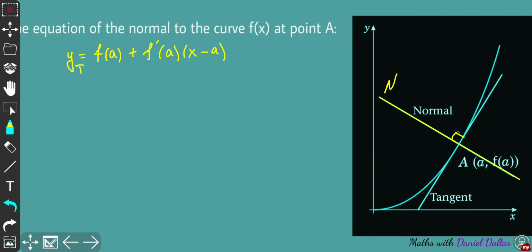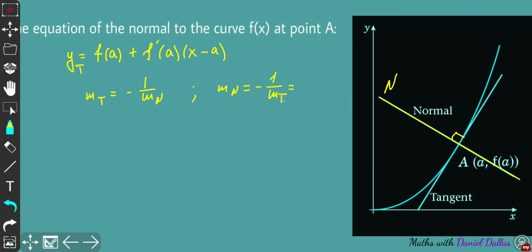Just remember the properties of two lines which are perpendicular to each other. What can you say about the gradients? The gradient for the tangent line and the gradient for the normal should be interrelated as follows: minus 1 over m for the normal. Okay, so that means you can express the gradient for the normal this way: the negative reciprocal, minus 1 over m of the tangent.